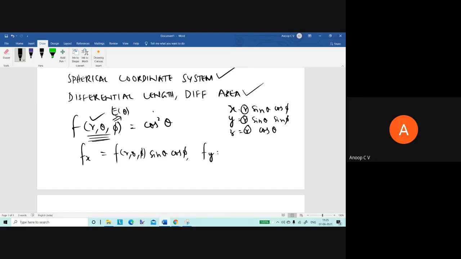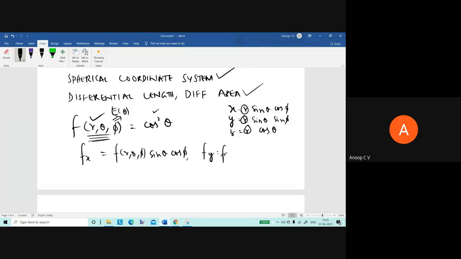An example I've taken is cos square theta. How to convert it into cylindrical? You don't. This is not required for your subject or for the exam. I'm just telling you how to visualize it, if you have a confusion with some pattern and want to visualize it. Some of you might know this because last time Mahesh sir might have taught you. Otherwise, I'm just giving you the steps. You can note it down.